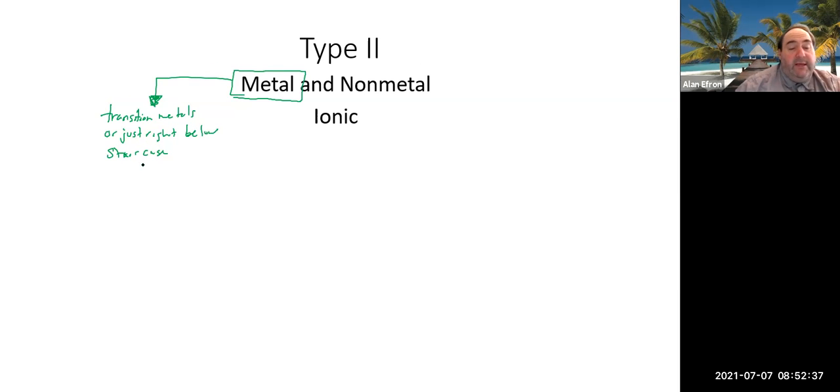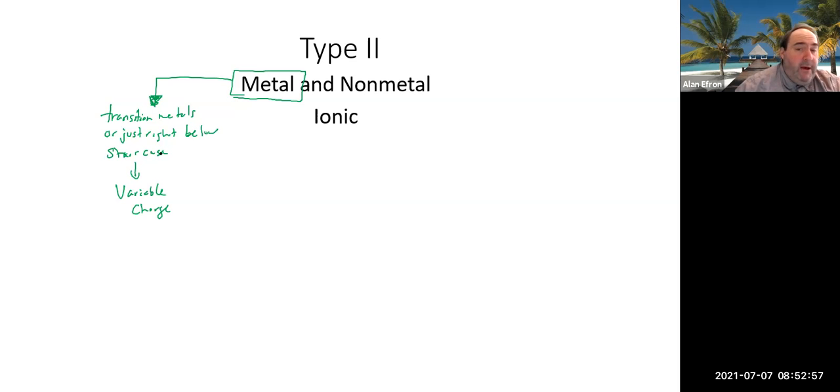And what ties all those guys together is the fact that they have a variable charge. So they do have a variable charge, which means, as we talked about, for example, copper in certain situations can be copper 1 or copper 2, and iron, like we were talking about earlier, can be +2 or +3.